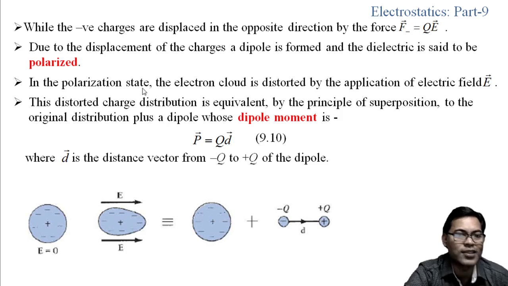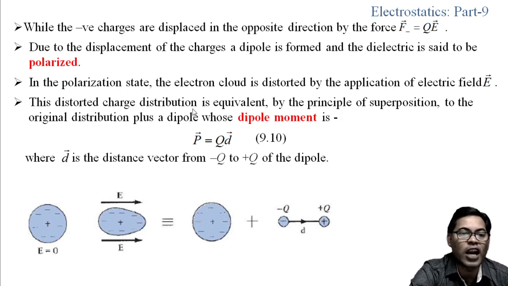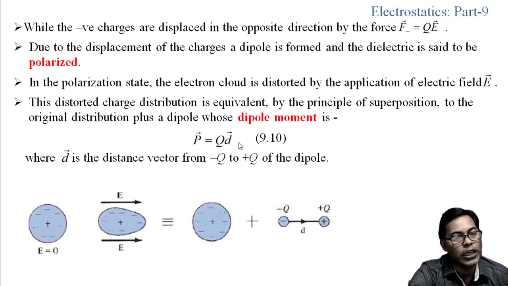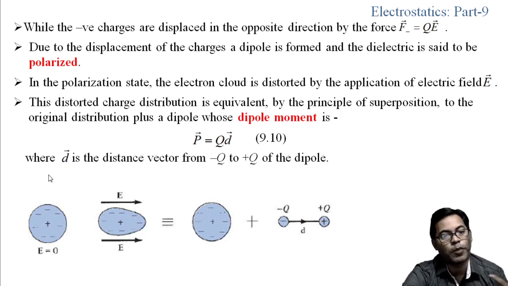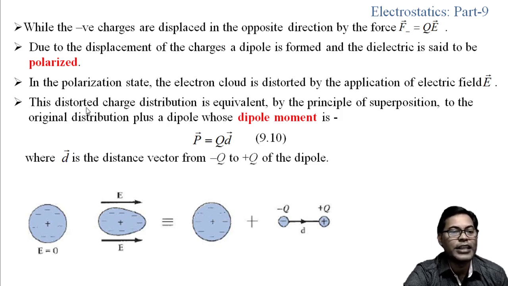In the polarization state, the electron cloud is distorted by the application of the electric field E. Now this distorted charge distribution is equivalent, by the principle of superposition, to the original distribution plus a dipole whose dipole moment is P equals QD. You know the dipole moment we have seen earlier, P equals QD, where D is the distance from the minus Q to the plus Q.